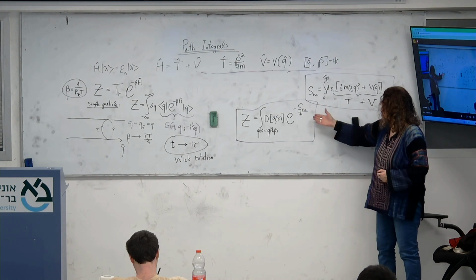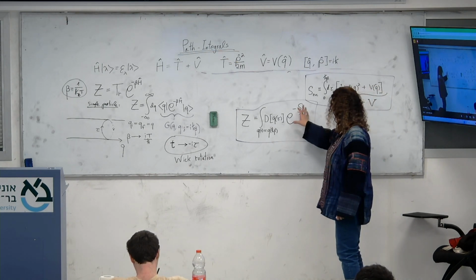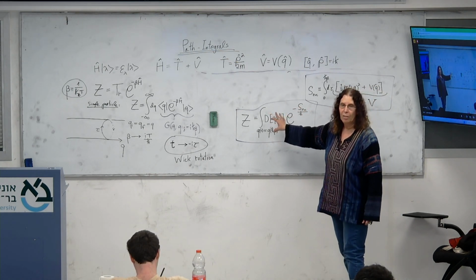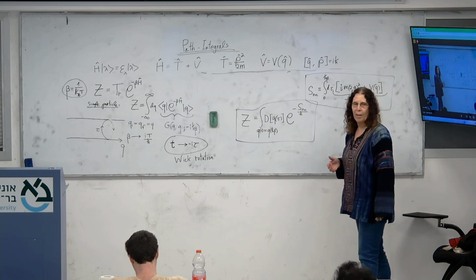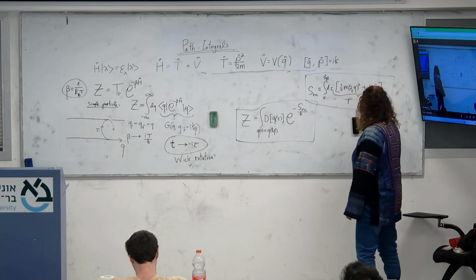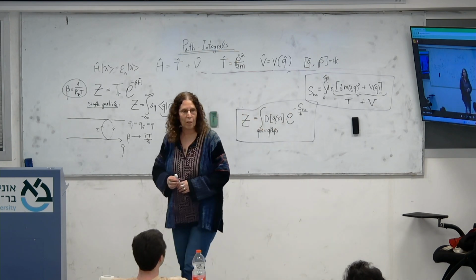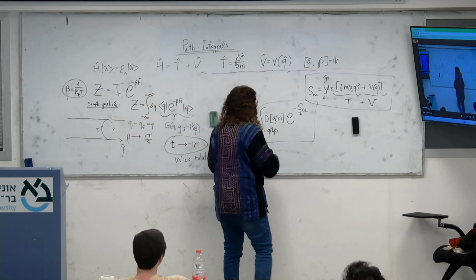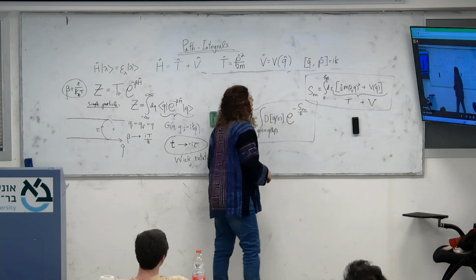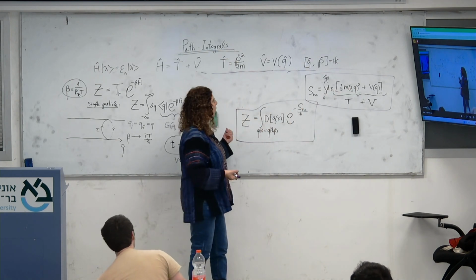All right, so you see that just from the definition, eventually if I compute the integral, and in some cases it can be explicitly computed, for example, if V is a harmonic potential, then we can solve the Gaussian integral, in any case, after we are done, what are we going to get?